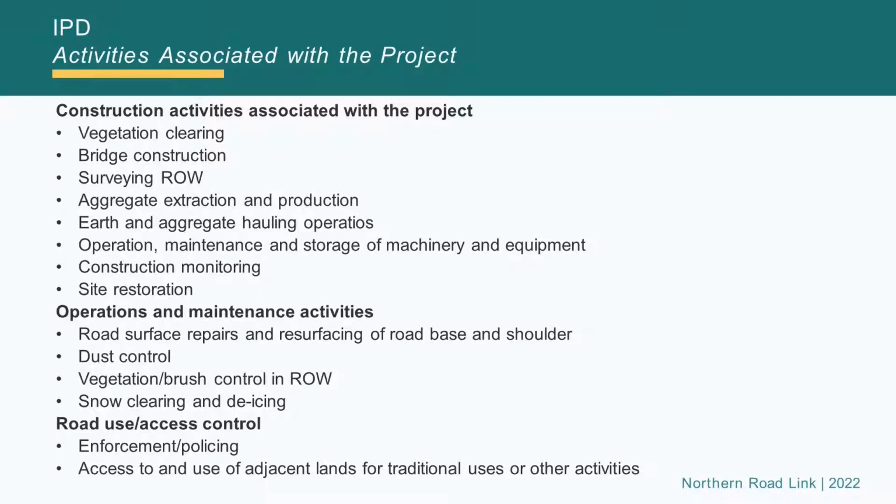There's vegetation and brush control to ensure that vegetation and brush don't interfere with the movement of vehicles along the road. And then, of course, snow clearing and de-icing in some cases. And then on the road use or access control side, there's the enforcement, there's the policing, there's access to and use of adjacent lands for traditional uses or other activities.